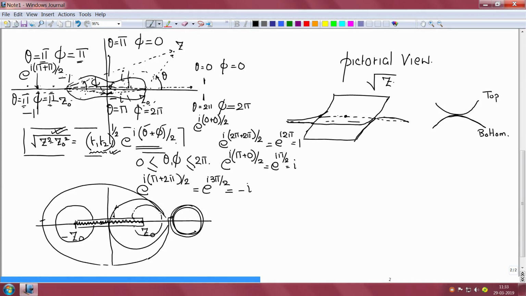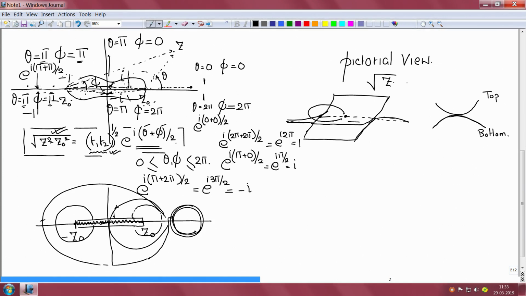So now for square root of z, you start over here, you go around on the top sheet. By the time you reach this dotted line, you have switched sign.